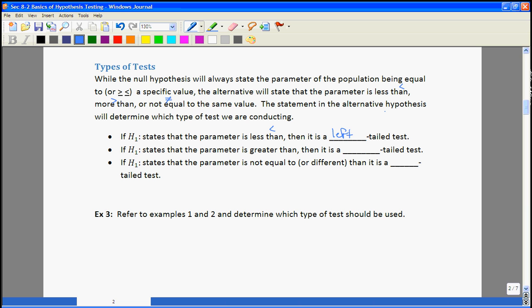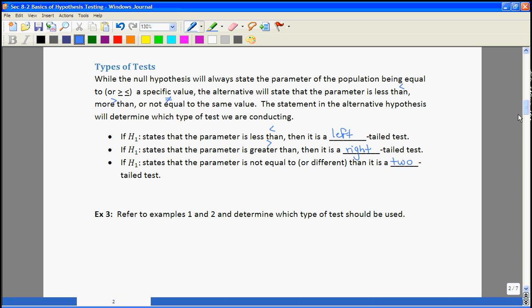If H sub 1, the alternative hypothesis, states that the parameter is greater than, then it is a right-tailed test. And finally, if H sub 1, the alternative hypothesis, states that the parameter is not equal to or different, then it is a two-tailed test.